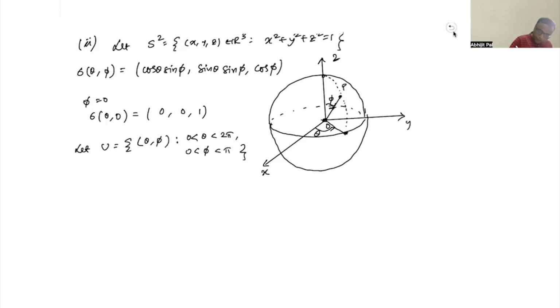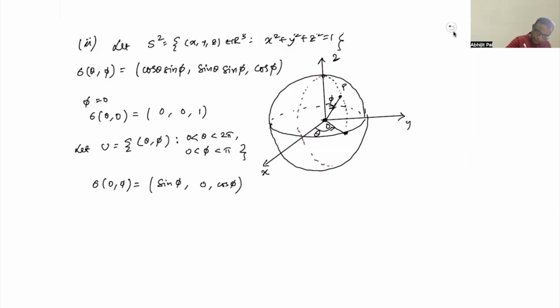So if I take theta equal to 0, sigma of (0, phi) will be (sin phi, 0, cos phi). So what will we get?